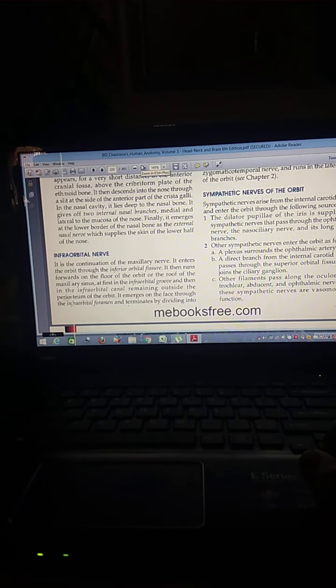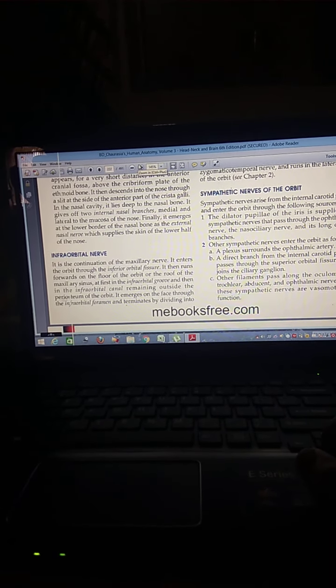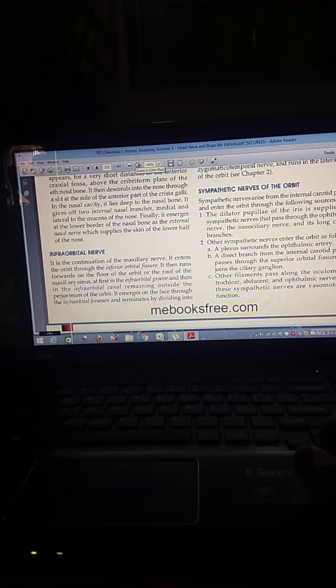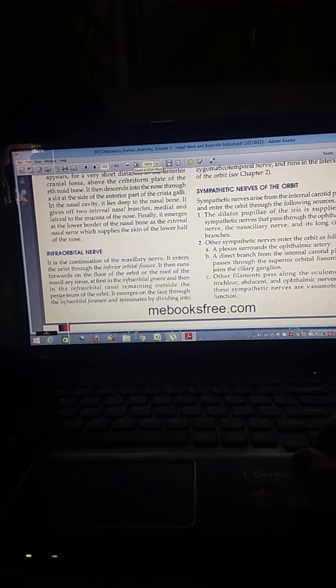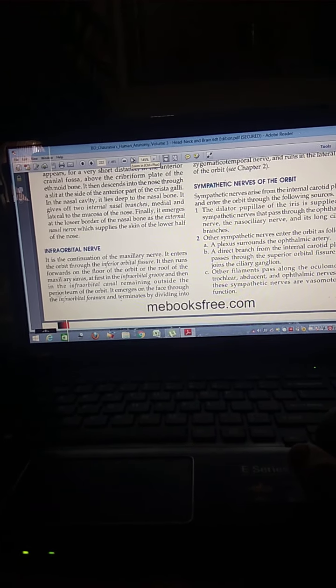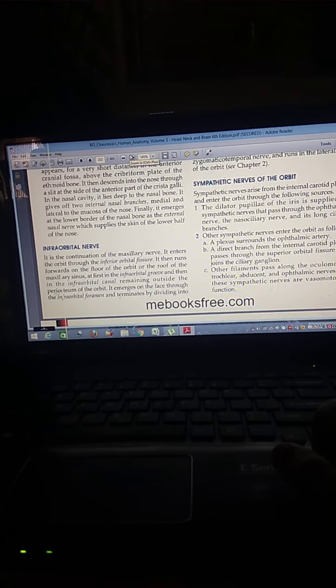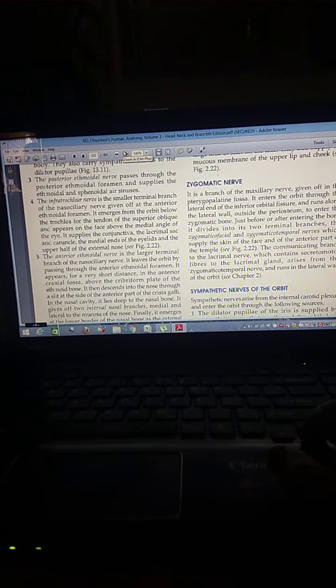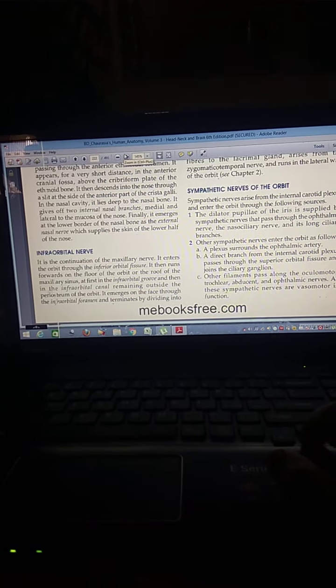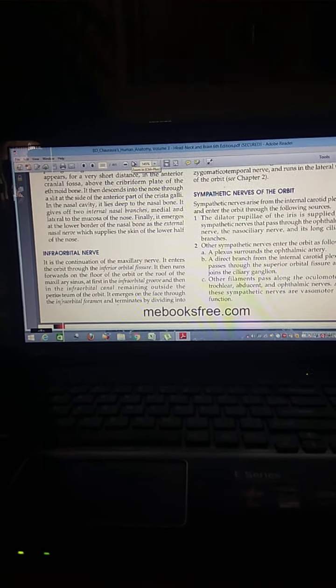The infraorbital nerve is a branch of the maxillary nerve. It enters the inferior orbital fissure, then passes through the infraorbital groove, the infraorbital canal and the foramen. Another is the zygomatic nerve, a branch of the maxillary nerve. The sympathetic nerves of the orbit cause dilatation of the pupil of the iris.